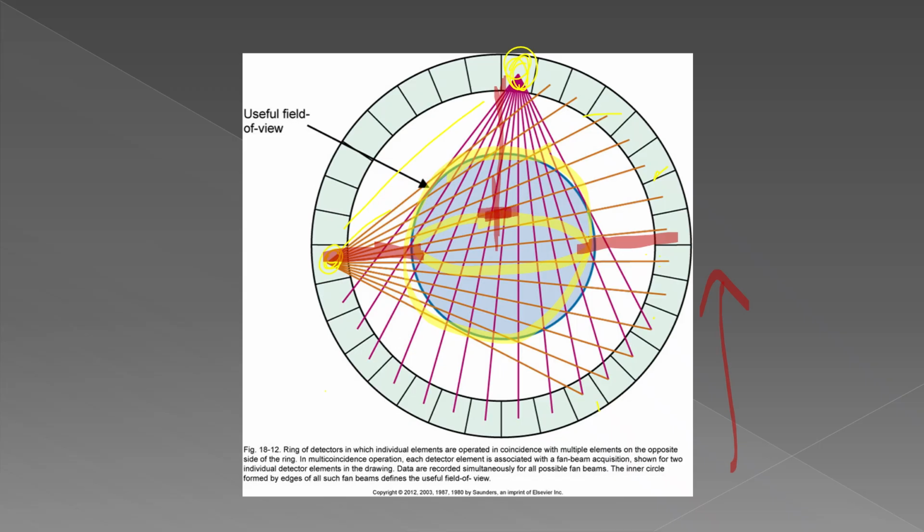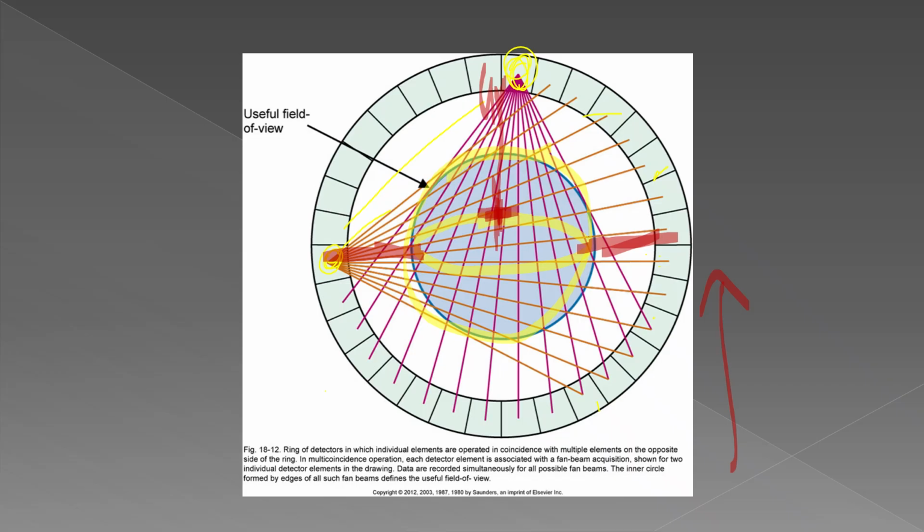The PET scanner has laser positionings on the side and on the top and on the outside of the scanner. Those are used to make sure that the patient is in the center, height-wise, and on this plane, to make sure that they're centered. That ensures that all of the patient is in the useful field of view.